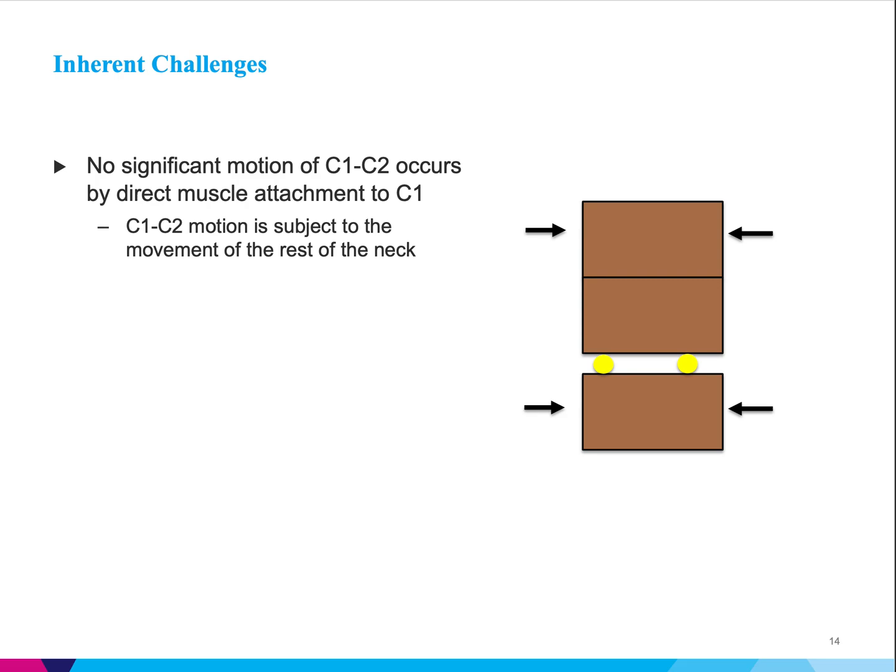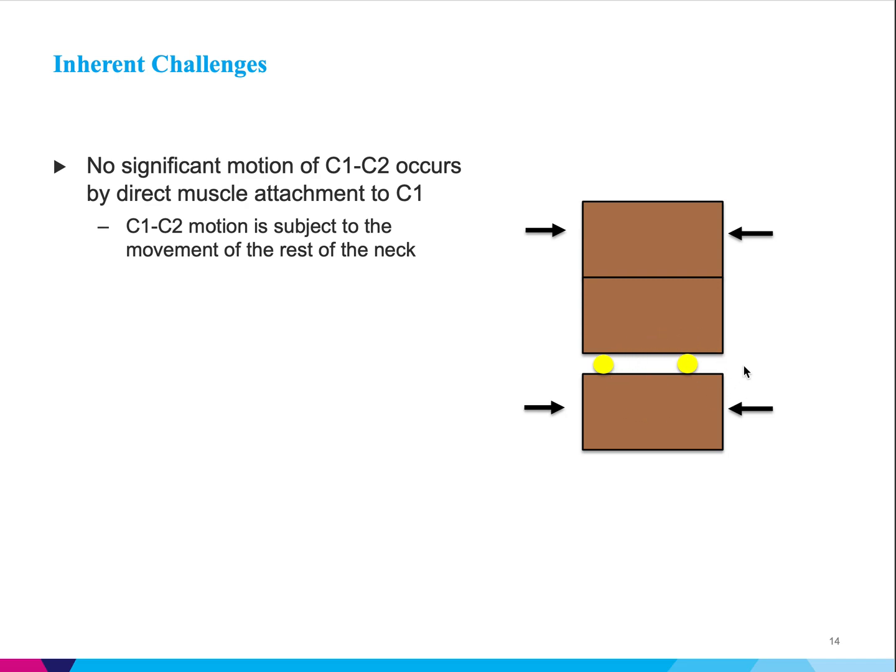So while one muscle may cause a joint to flex, an antagonist muscle is responsible for extension. At C1-C2, there's no significant muscle that attaches to C1 to cause movement.